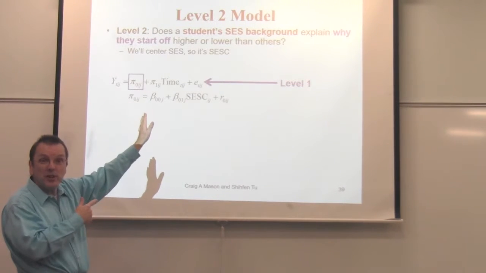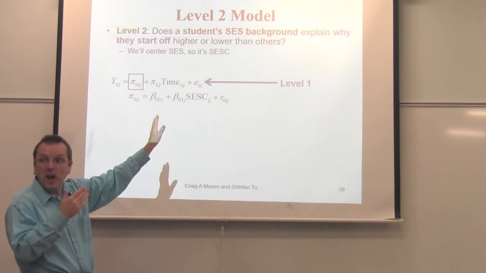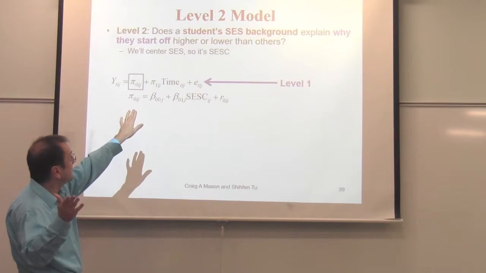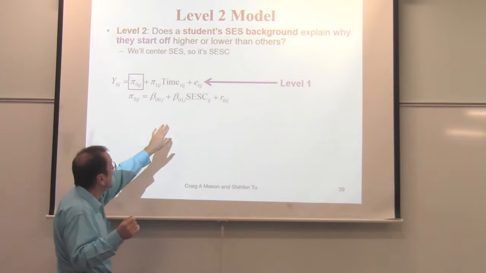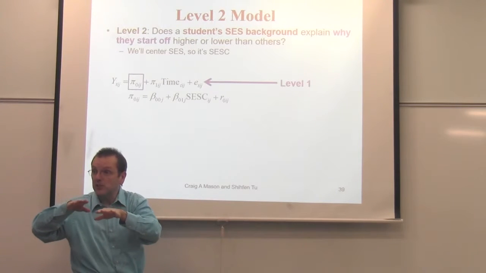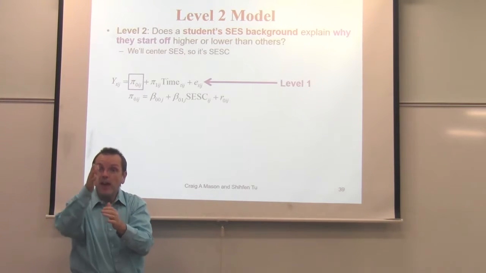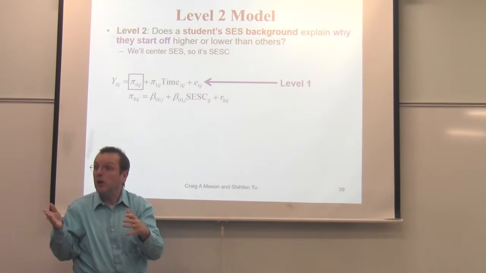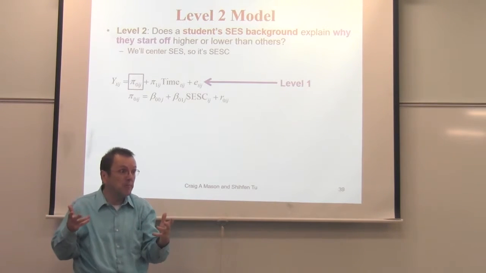In this case, we're going to use a variable SES, which we're centering. Remember, we're doing centering with interactions. With centering, you subtract the average from every value, so the average becomes 0.